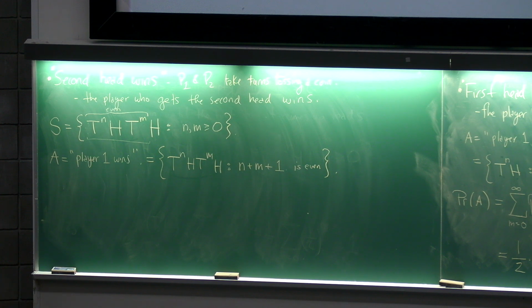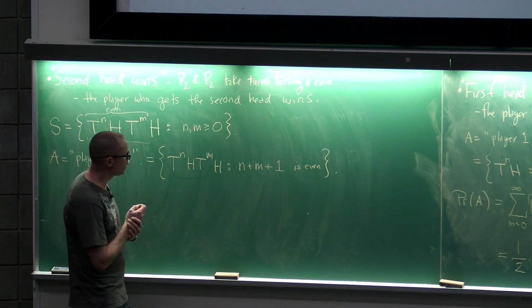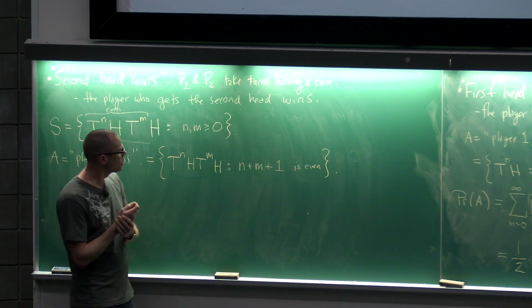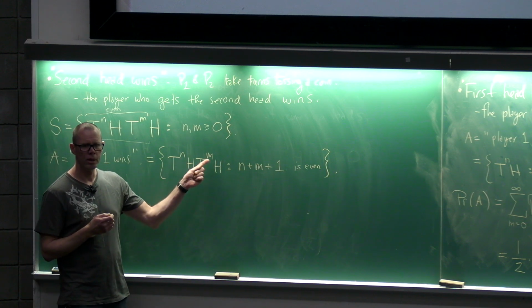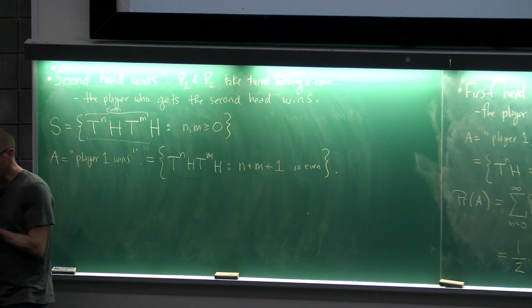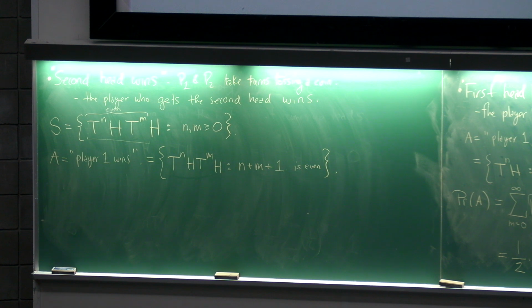All right, this looks complicated. I don't immediately know how to evaluate this sum because it's got these two variables and this weird condition that the sum of those two is even.